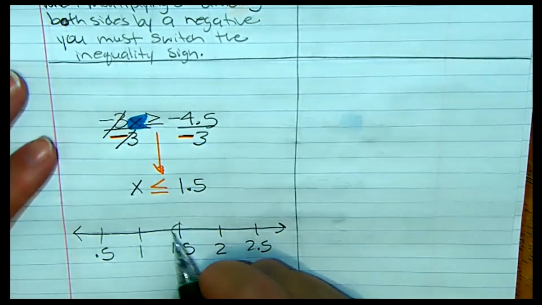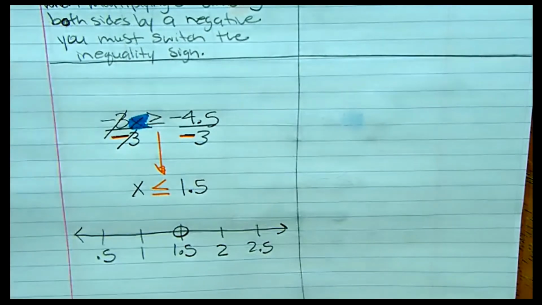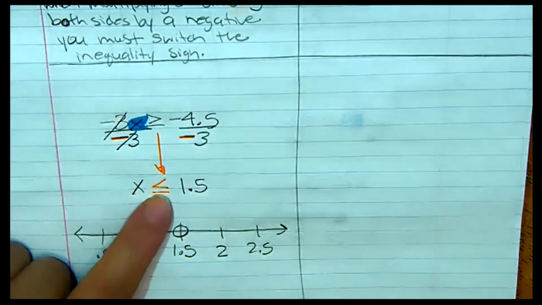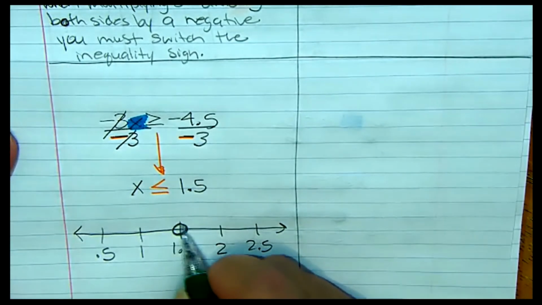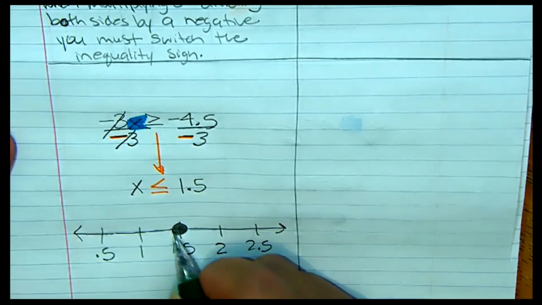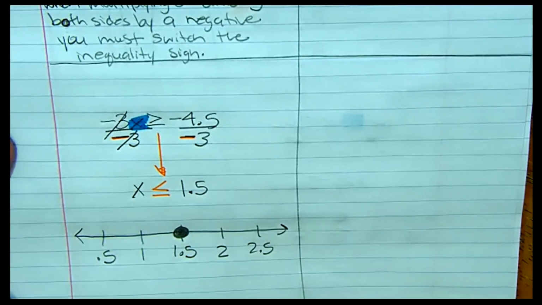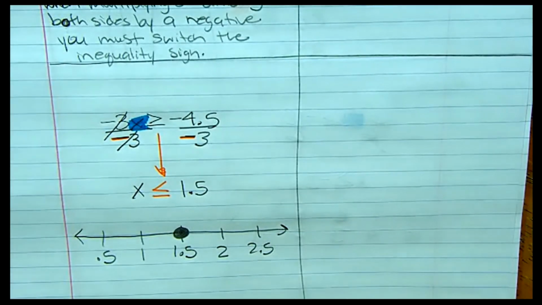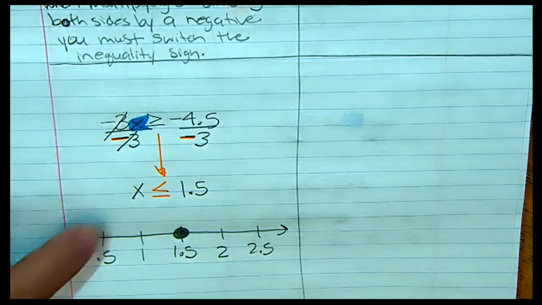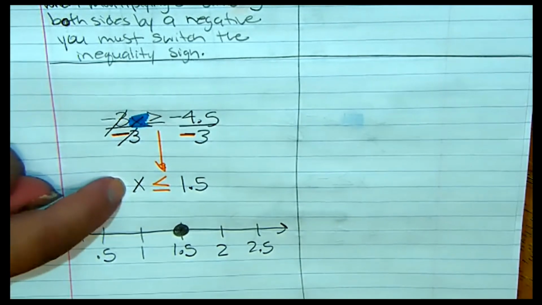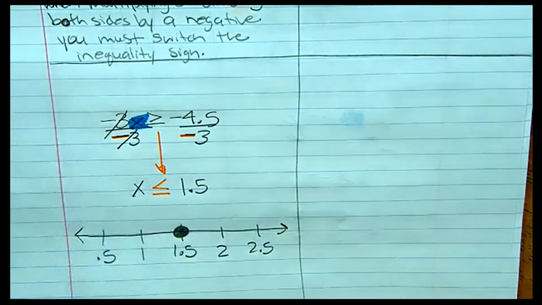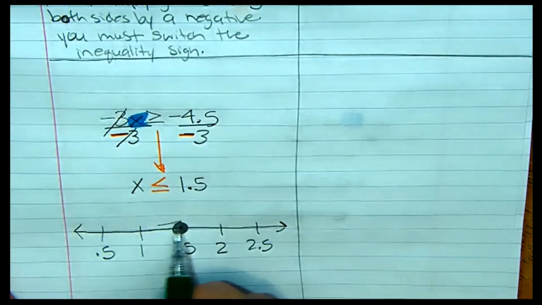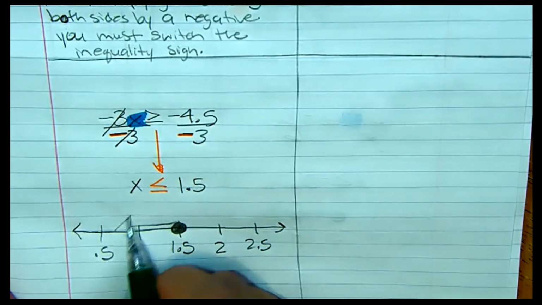My solution set starts at 1.5, and there's an equal sign. So that means 1.5 is included in the solution set, so it's a closed circle. And now I read my inequality starting with the variable. X is less than or equal to 1.5. Less than means everything to the left.